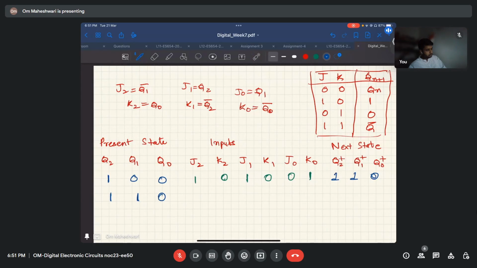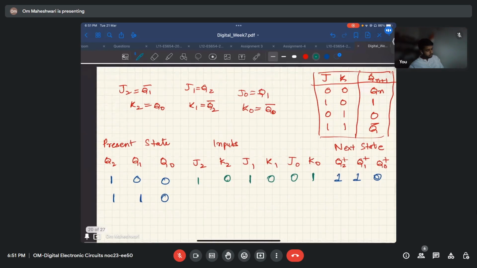Again, let us fill this. J2 is Q1 bar, Q1 is 1, so 0. K2 is Q0, Q0 is 0, so 0. J1 is Q2, Q2 is 1, Q2 bar is 0. J0 is Q1, that is 1. Q0 bar is 1.